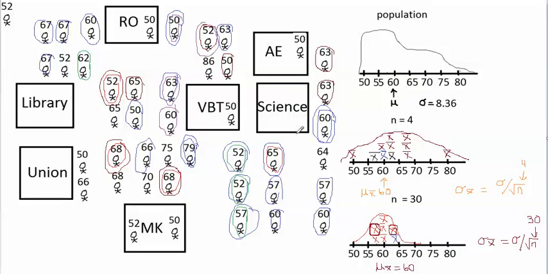Now, if you're a researcher who's taking a sample from a population and you're calculating the sample mean to estimate the population mean, you can't actually calculate what the standard error is, because you have to know what the population standard deviation equals to be able to plug that into the formula to get the standard error.